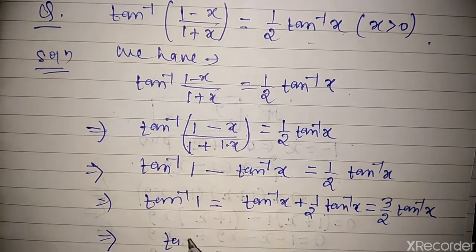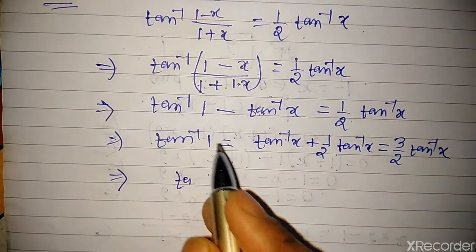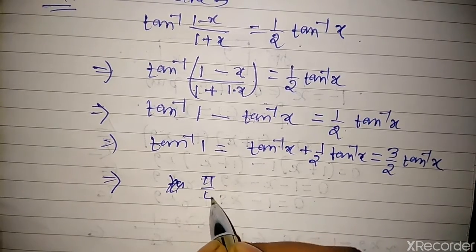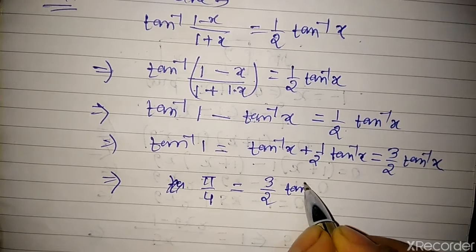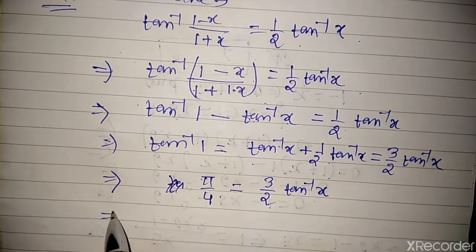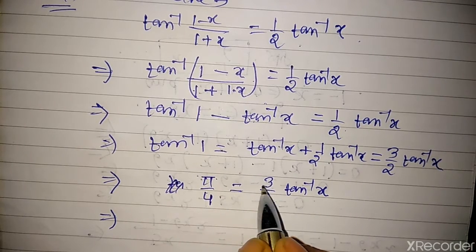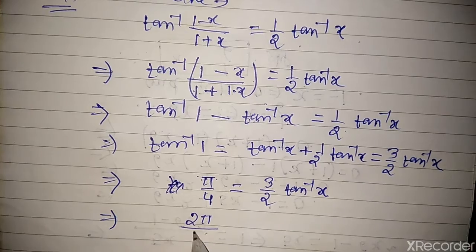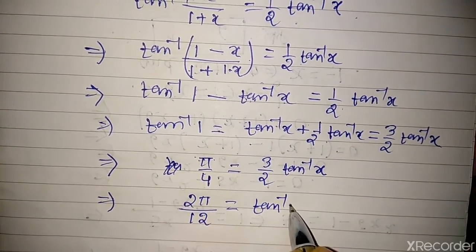So now simplifying this value, in the left hand side we can write tan inverse 1 equals pi by 4. So now we write pi by 4 equals 3 by 2 tan inverse x. Now taking 3 by 2 to the left hand side, we get 2 pi divided by 3 into 4, that is 2 pi divided by 12, equals tan inverse x.